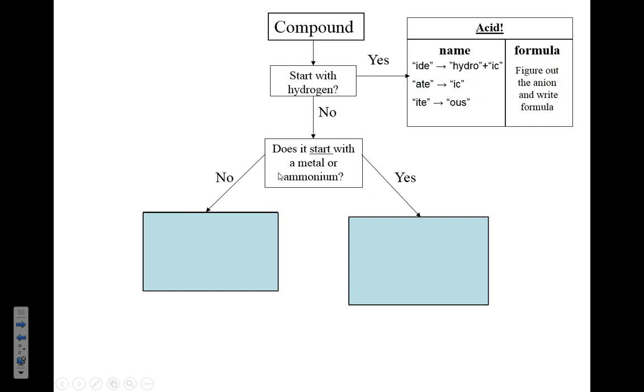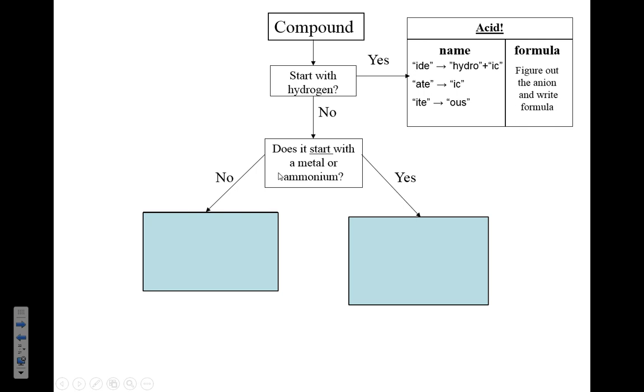Is it an acid? If it starts with hydrogen, then we know that the thing is an acid. If it was a name, it'll say acid. So once again, we know it's an acid. Now remember, the key to acids is remembering that there's a tie, or a connection, between the anion that comes after the hydrogen in the acid and the name of the acid.